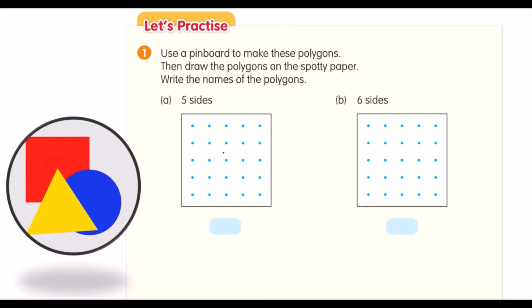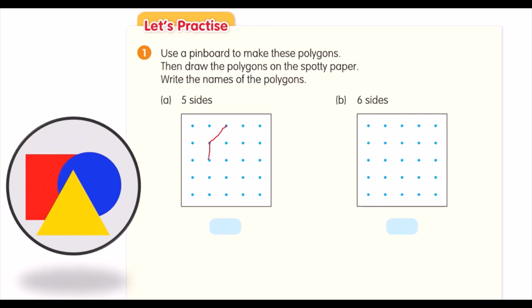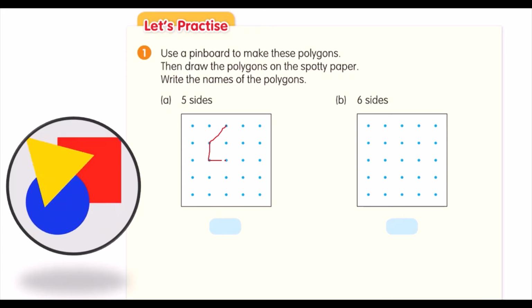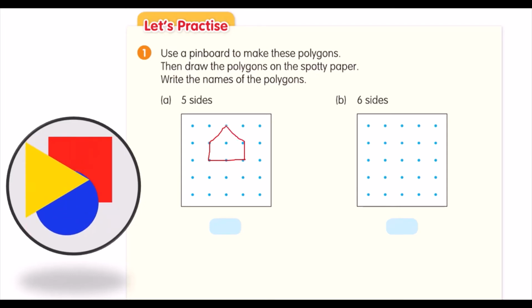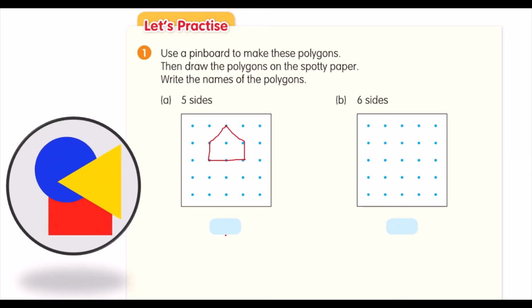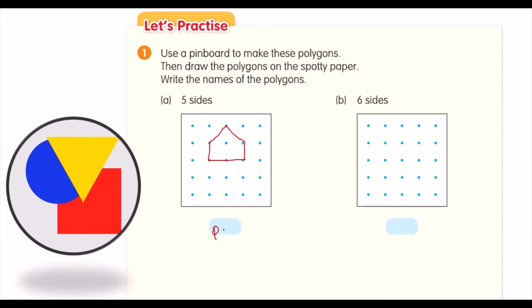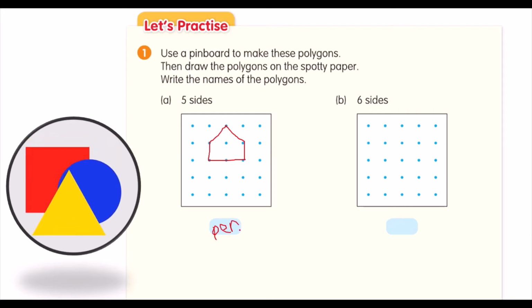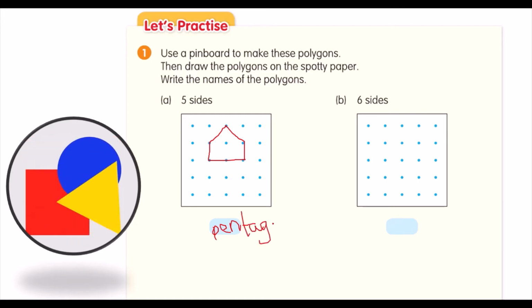I need to connect them so I can do one side, two sides, three sides, four sides, five sides. So I got my shape ready. What shape is this? It should be a pentagon. Okay.